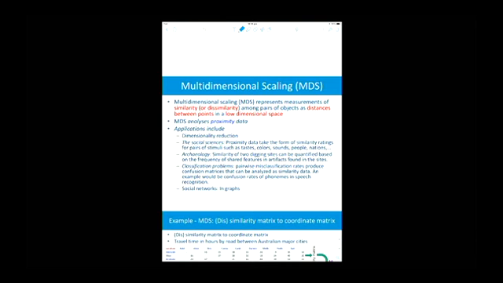It tries to represent the data using points in the lower dimensions such that the distances are maintained. If the points are far away in the higher dimensional space, then in the lower dimensions also those represented points should be far away. If certain points are closer, then in the lower dimensions also they should appear closer.